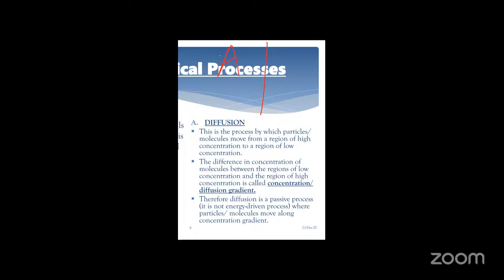So we have region A and we have region B. The only way that materials will not move from one region to another is if the concentration is the same. Like for example, if we have 4 molecules of a cologne here and 4 molecules of a cologne on the other side, it means the concentration in region A and the concentration in region B is equal.